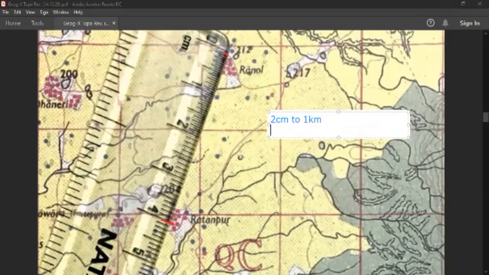That is 4 divided by 2, which is equal to 2 kilometers. So the direct distance between Ratanpur and Ranol is 2 kilometers.